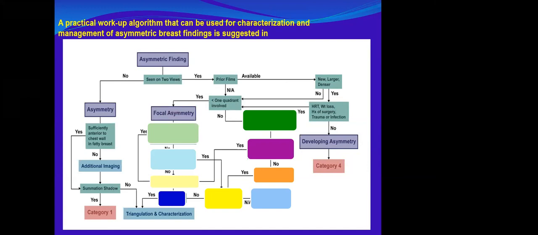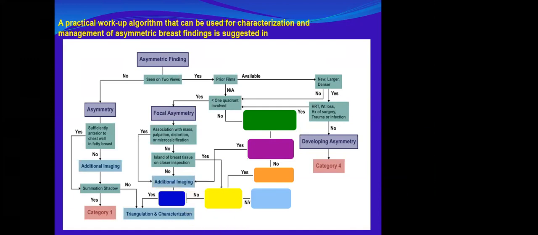If it is less than 1 quadrant, it will be focal asymmetry. And then we have to look for any associated masses, palpable abnormality, suspicious calcification or distortion. If it is no, that might be just an island of breast tissue, or on closer inspection.